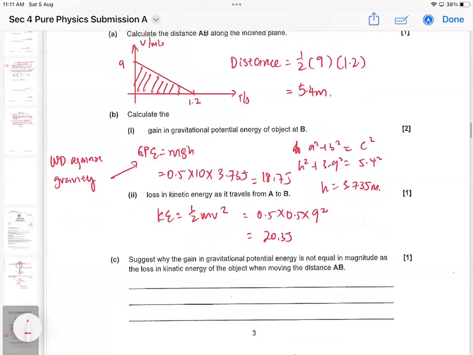So suggest why it's not equal, right? I would say that the loss in kinetic energy is equal to the sum of the gain in GPE and also work done against friction.